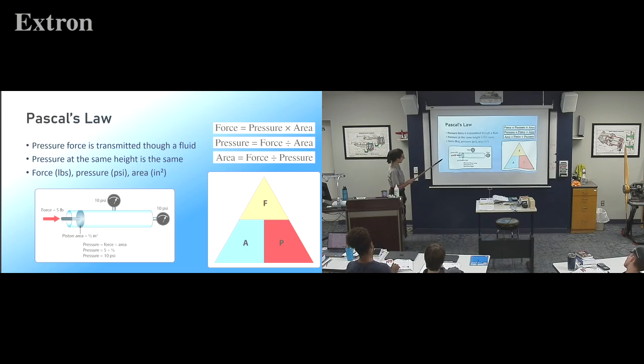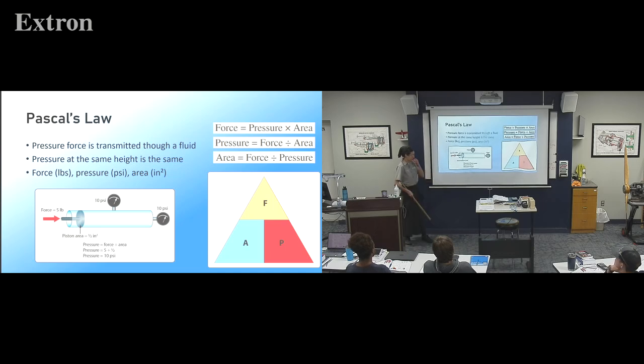So what that's saying, if I here have a piston, and I push on it with 5 pounds of force, then the pressure that's felt through the system is equal to the force, which is 5 pounds, divided by area.